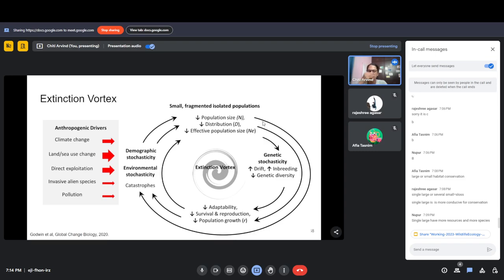What is really important in conservation genetics, and why is it important to know the genetic makeup of organisms?